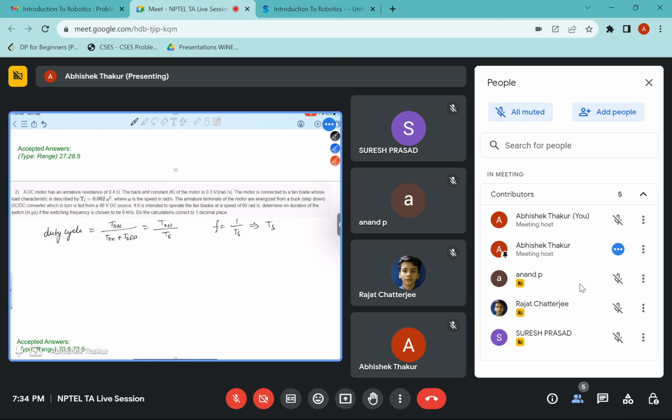Here the switching frequency is given, that is 8 kilohertz, so you can write 8 into 10 to the power of 3. So our TS, the total duration, will be 1 by 8, that is 0.125 into 10 to the power of minus 3 seconds, which is equal to 125 microseconds. We have to find the answer in microseconds, so let's keep everything in microseconds.